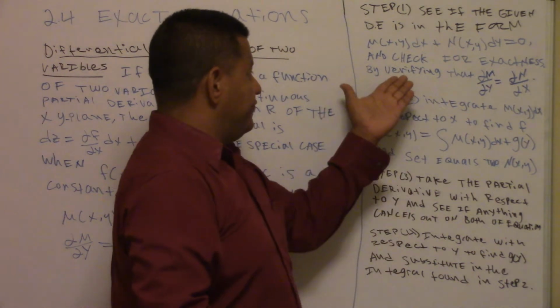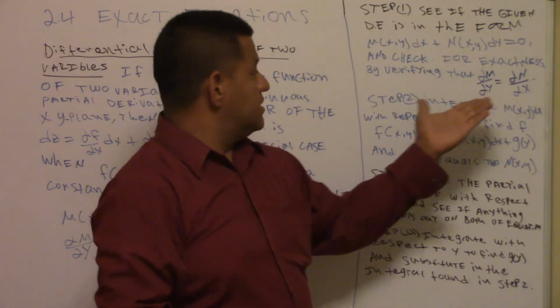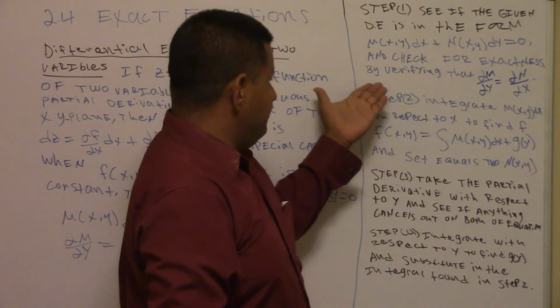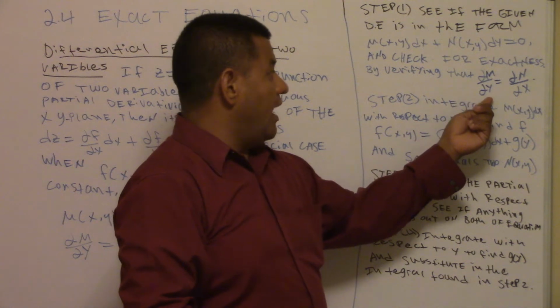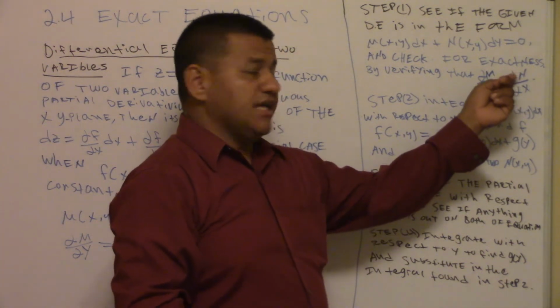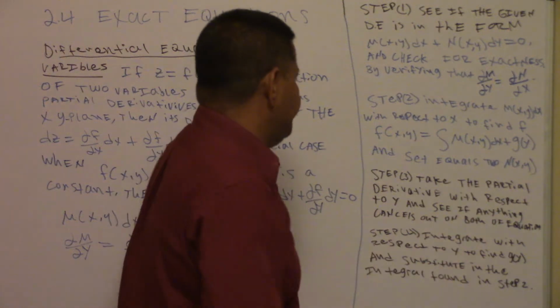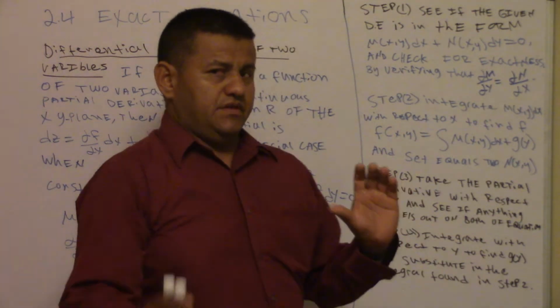And check for exactness by verifying that partial M over partial y is equal to partial N over partial x, okay? This is step 1.